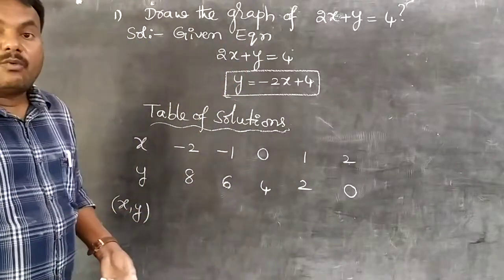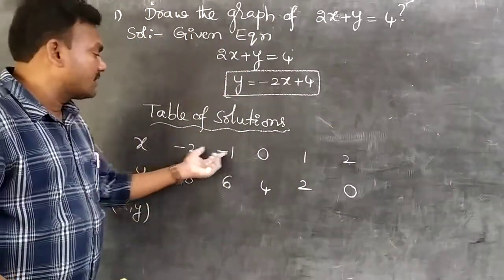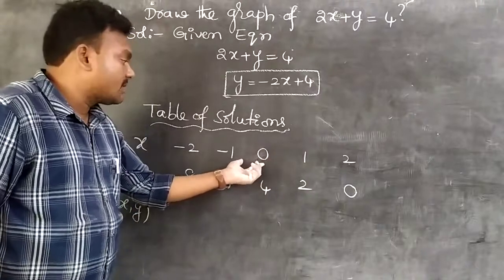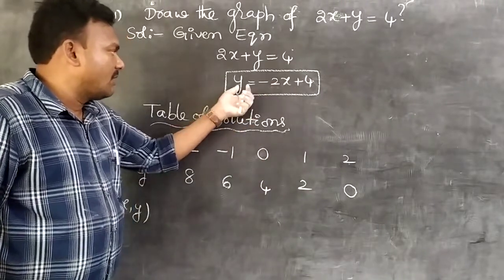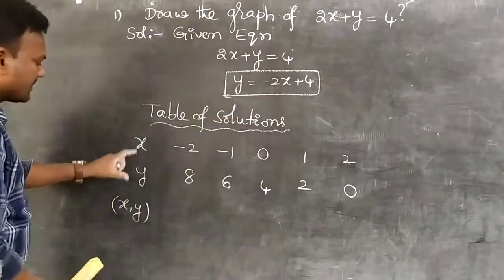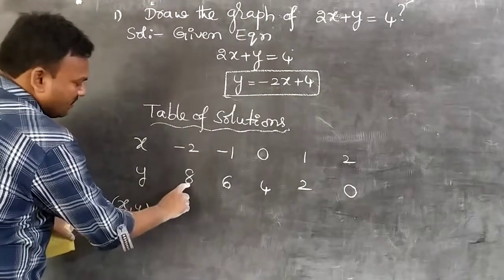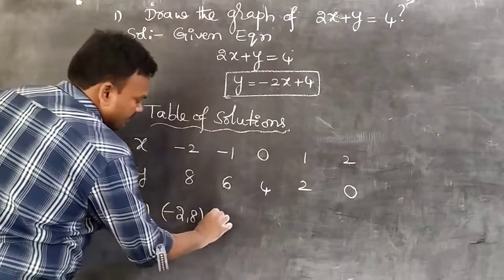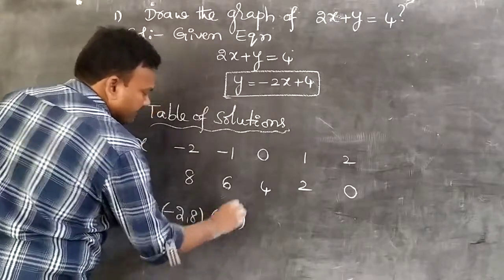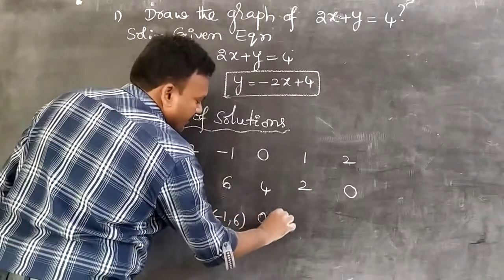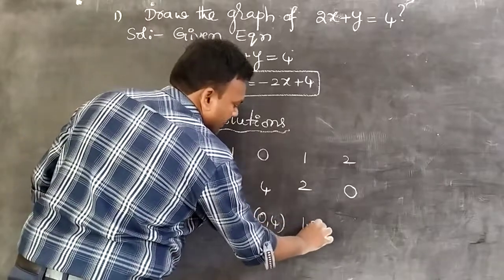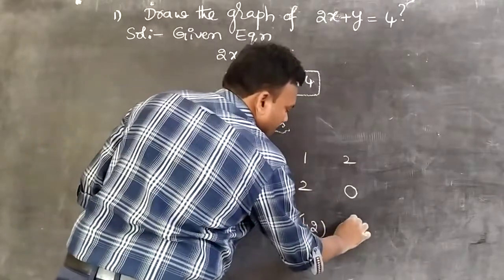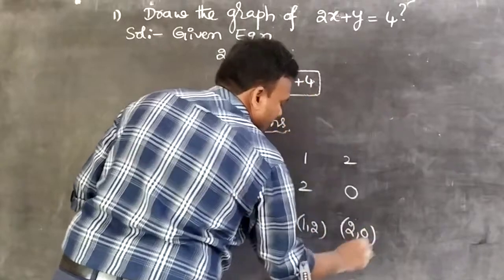Here, what I did is consider the x values, then substitute in the equation to get the y values. Then x comma y: x value minus 2, y value 8, so minus 2 comma 8. Again minus 1 comma 6, and 0 comma 4, and again 1 comma 2, next 2 comma 0.